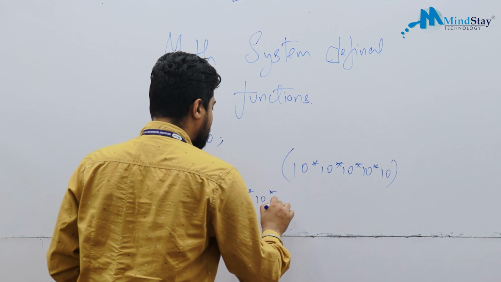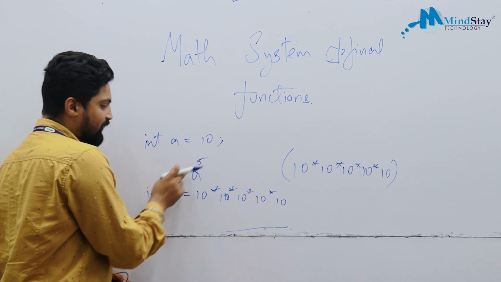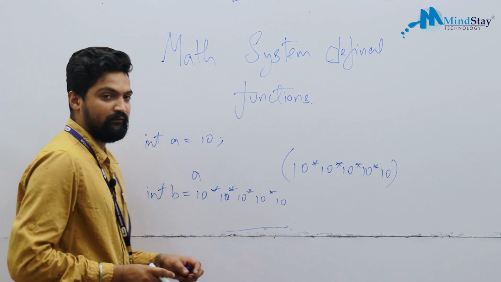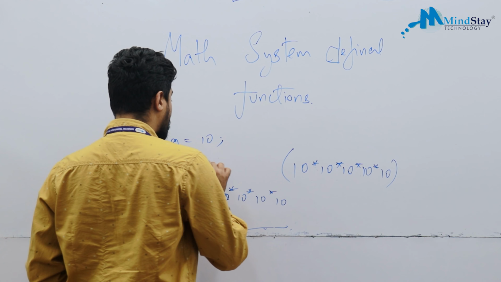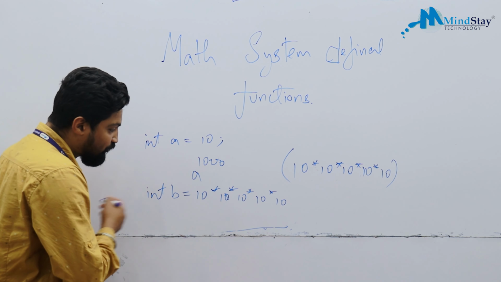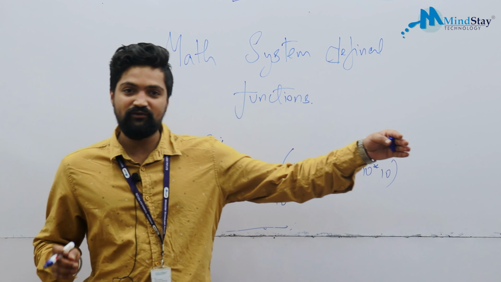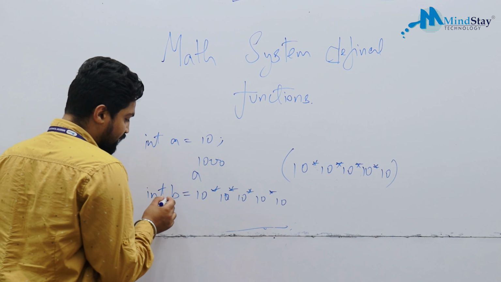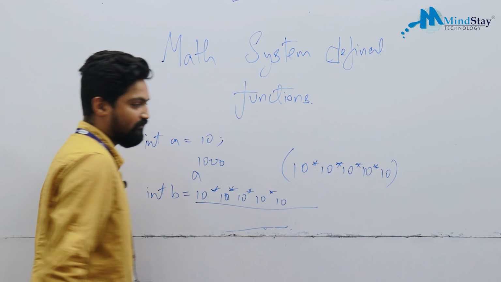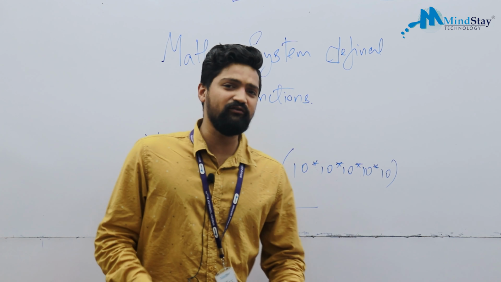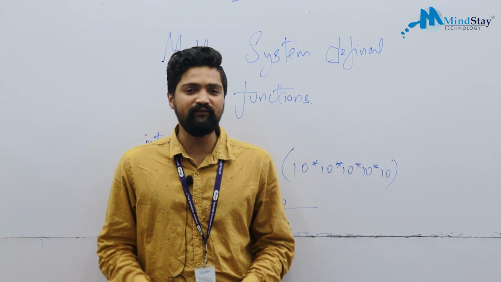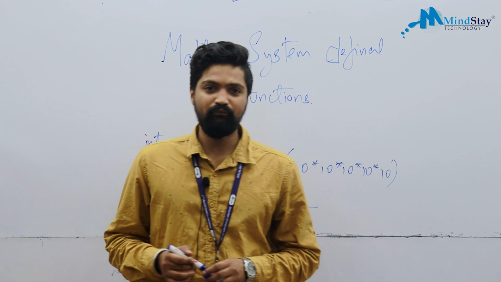But what if we don't need a to the power 5, and let's say I need a to the power 1000? Are you going to type that a 1000 times, or type that value 10,000 times? Of course not, right? So what are you going to do?